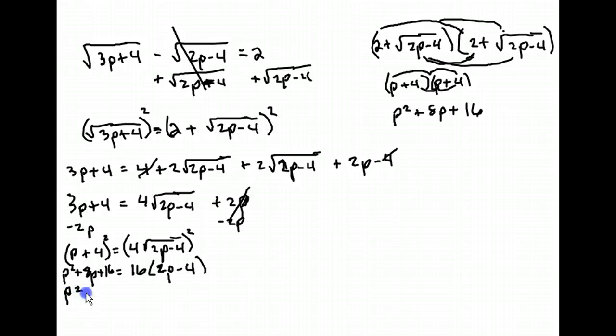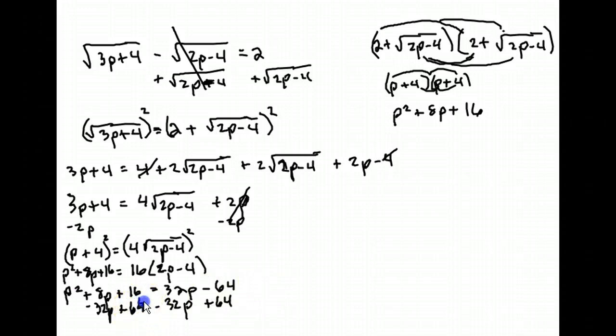P squared plus 8p plus 16, and that's going to equal 32p minus 64. And we're solving this equation. If we have a square in there, we want to get everything equal to 0. So we're going to have to subtract 32p and add 64 to both sides.